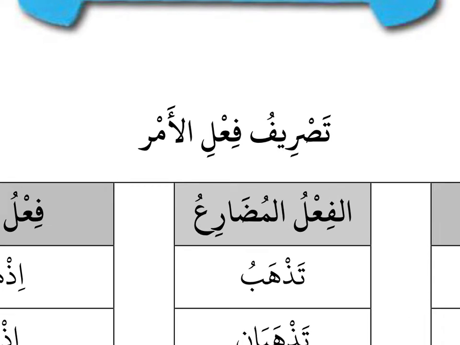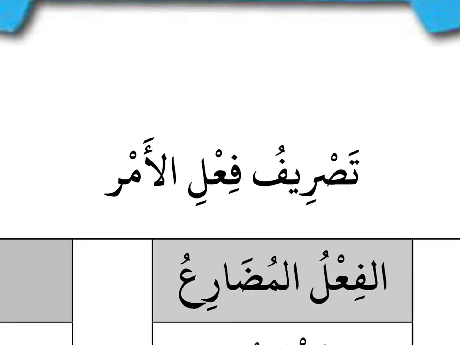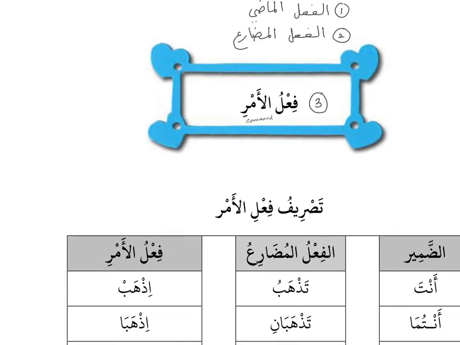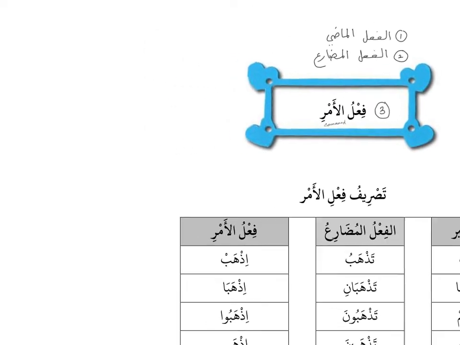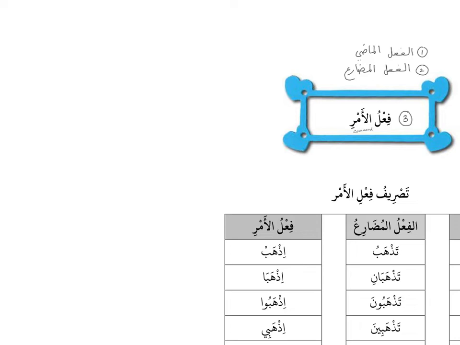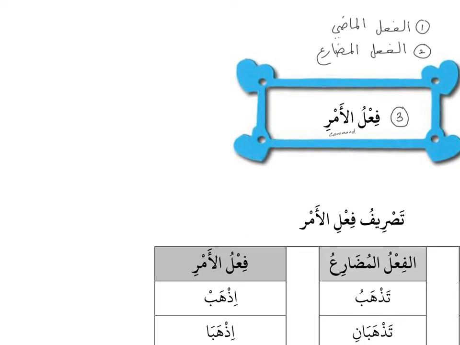Before we look at the تصريف, the verb conjugation of the فعل الأمر, I would like to tell you a few important things about فعل الأمر. Number one, فعل الأمر is directly related to الفعل المضارع, which means in order for you to discover the فعل الأمر for a certain verb, you need to know the فعل مضارع of the verb.